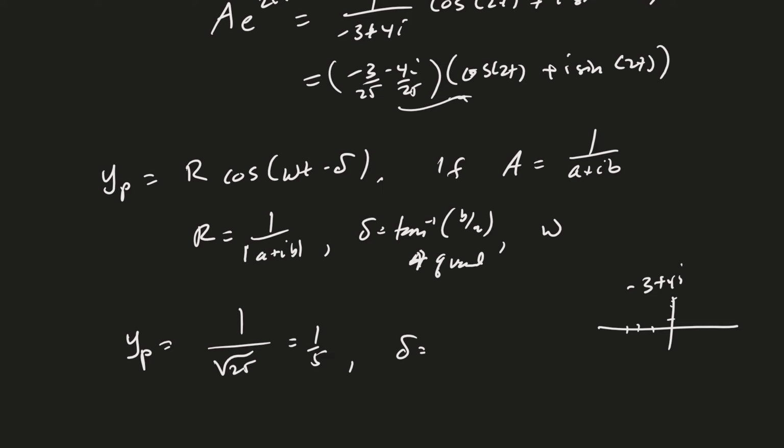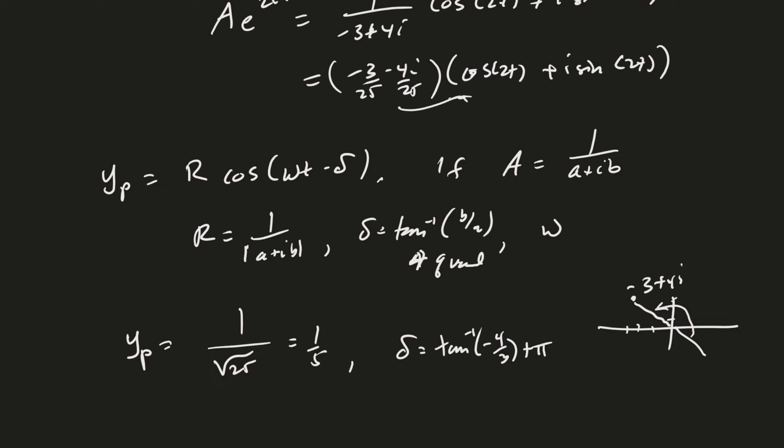Go down, minus 3 plus 4i. It's over here somewhere, right? When you take the inverse tangent of b over a, you're going to get this angle. And so we need to add pi to whatever the inverse tangent gives you. And so our answer here would be the inverse tangent of minus 4/3 plus pi.